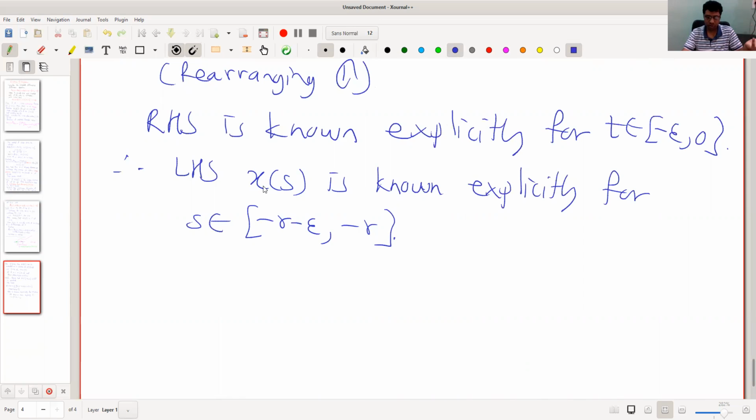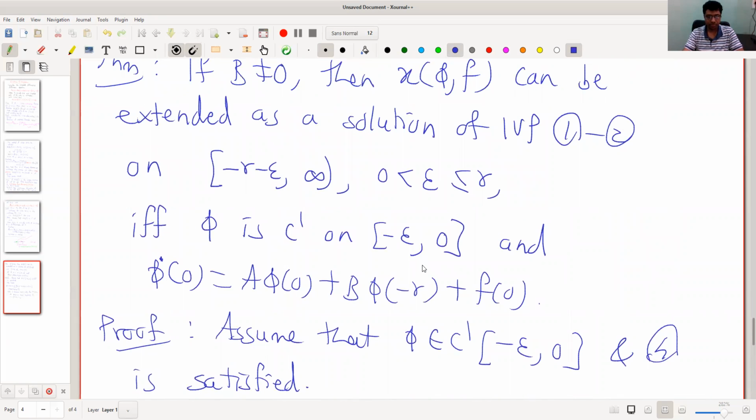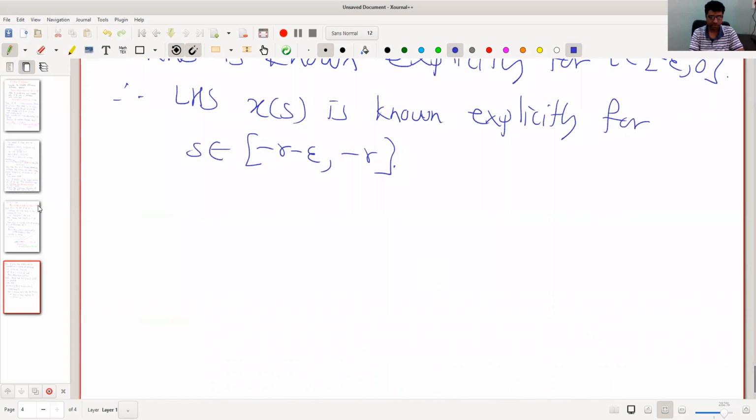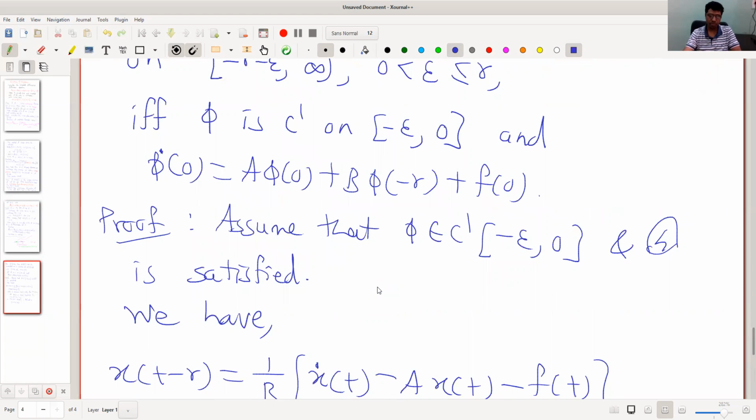Okay, so now the solution is defined on this interval also, minus r minus epsilon to minus r. So actually the solution is defined from minus r minus epsilon to infinity. That is, the solution x of phi f is defined on minus r minus epsilon to infinity. That means it can be extended to the left hand side of minus r.